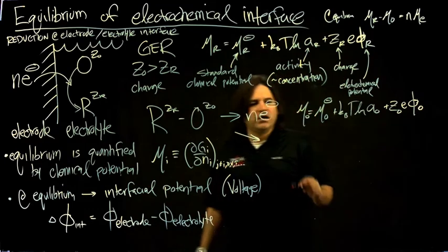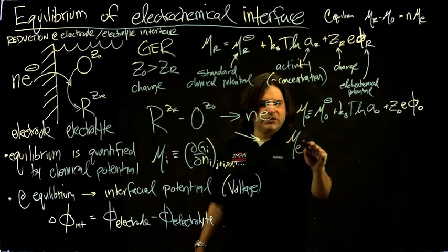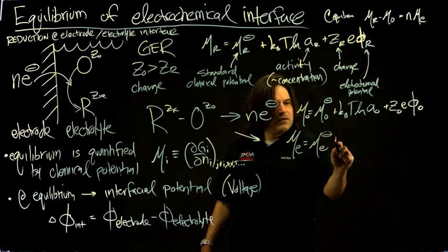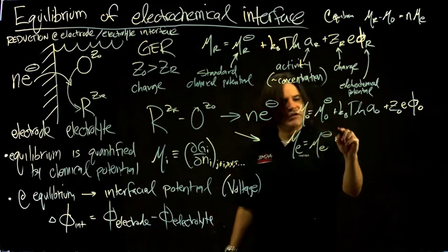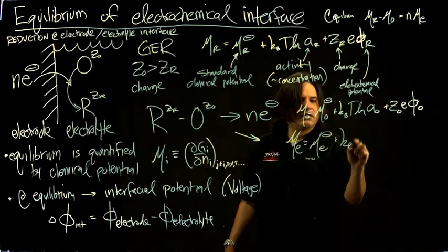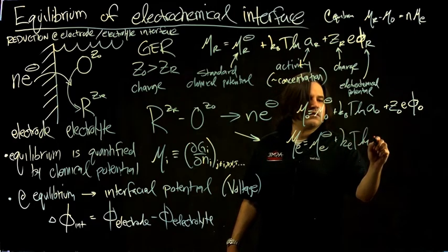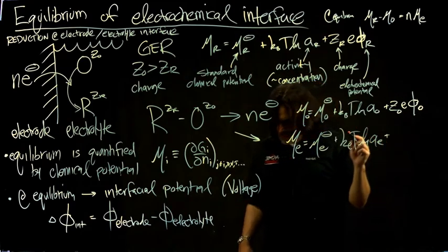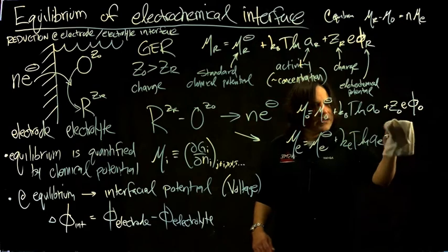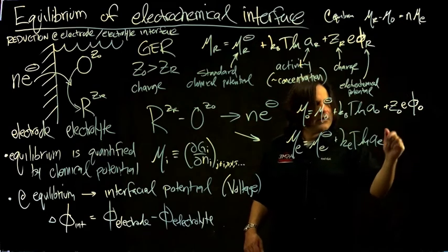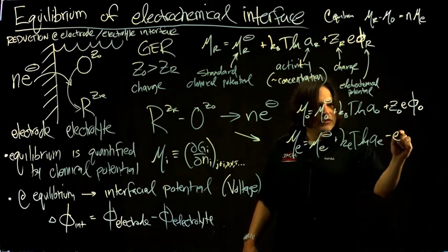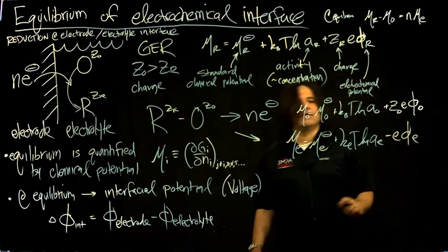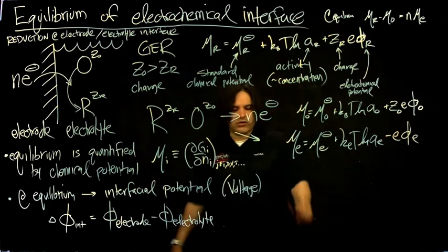Then for the electron, the chemical potential of the electron has some standard potential as well, some concentration effect, and we know the charge of an electron, it's negative 1, negative 1 times the unit charge, and the potential due to electrons. So those are those three.